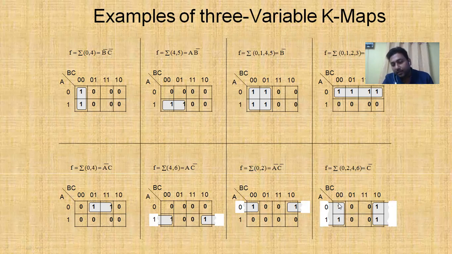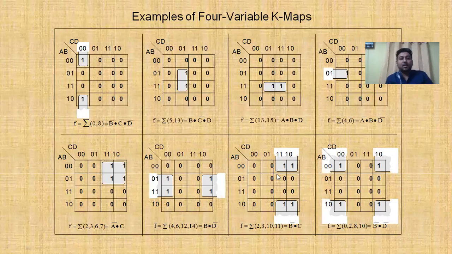The constant term is C, whose value is 0, so it is written as C bar. And the others are simple. Here the same thing. This is 1 and 1. From the leftmost we take this one, from the rightmost this one. These two form the group.